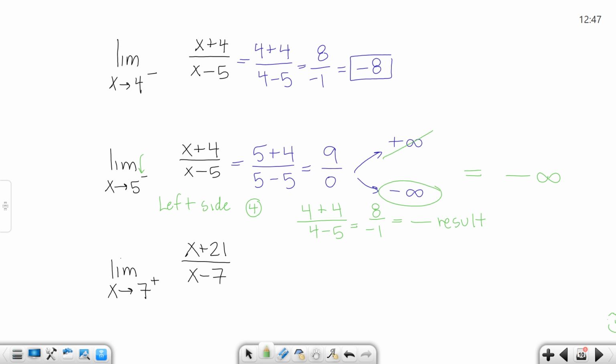Now, you'll notice that in the last two problems, one time you got 8 over negative 1 and it gave you an answer, and the second time you got 8 over negative 1 and it gave you infinity, negative infinity actually. The reason for that is that one of them ended up being over 0. If it's over 0, that means it's got to be an infinity answer, either negative or positive infinity.